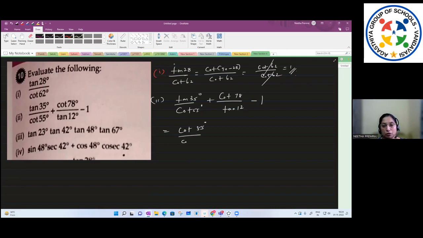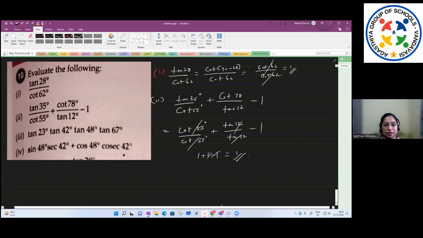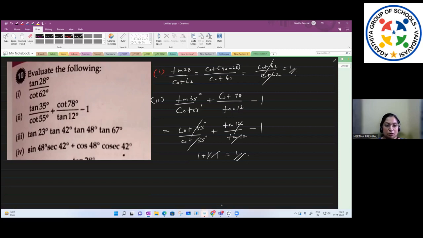This one, you don't want to change. You should not change both the denominators. Any one, if you change, that is fine. Then this one is cot 12 divided by tan 12. If you cancel out, 1 plus 1 minus 1, and 1 is the answer. The same way you can work out all the sums.